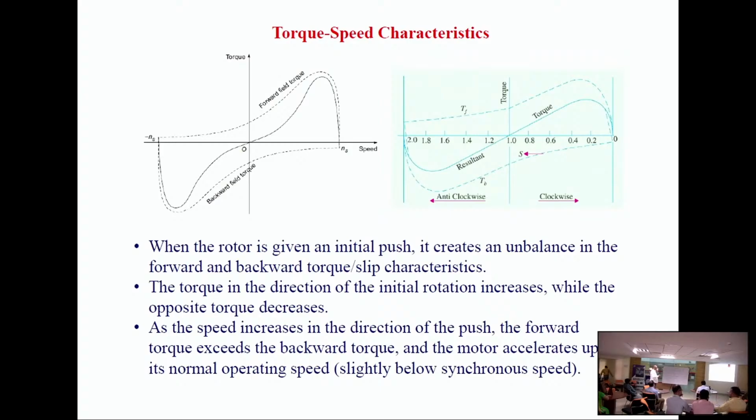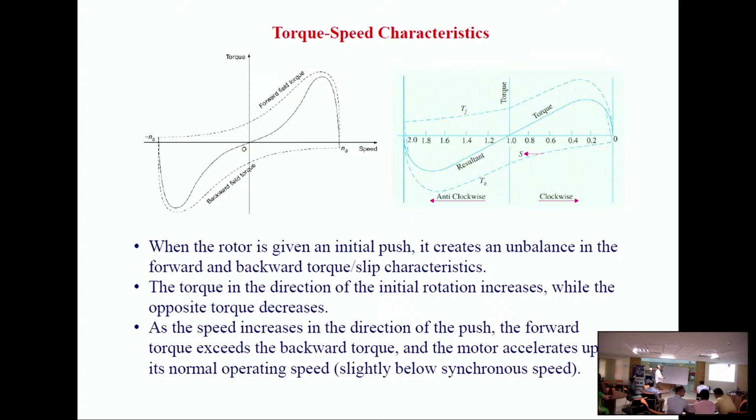Then the torque speed characteristics are explained. The torque for the backward field is what you studied in the induction motor. Here the forward slip and backward slip values range from 0 to ns for the forward and 0 to minus ns for the backward, in the opposite direction.